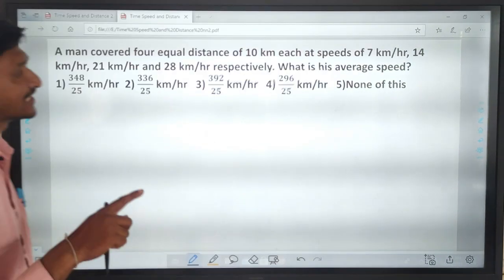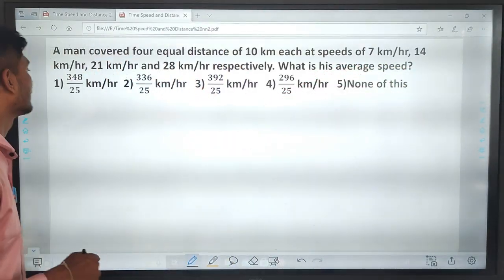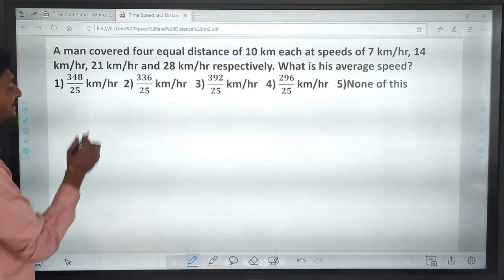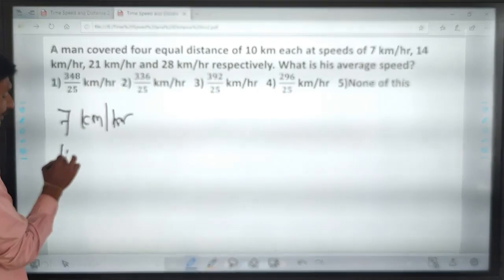Then we take the distance as the LCM of the speeds. Here the 4 speeds are different: 7 km per hour, the next speed is 14 km per hour, the next is 21 km per hour, and the next is 28 km per hour.